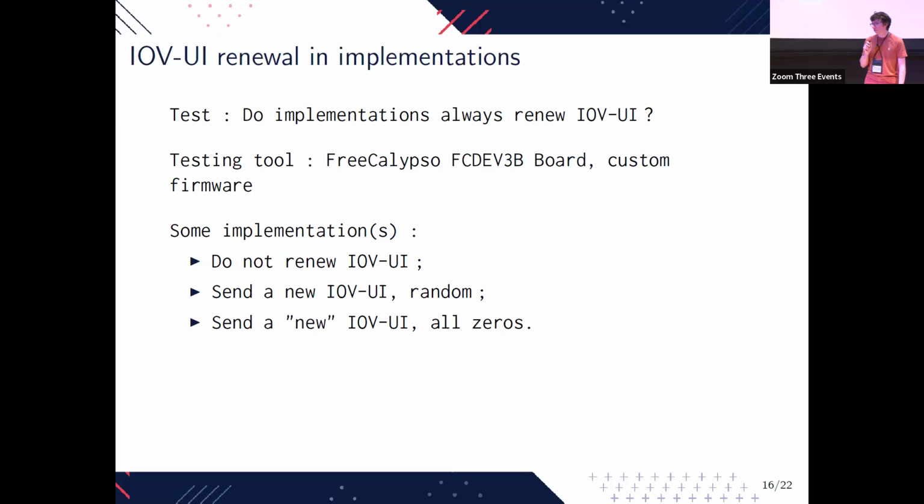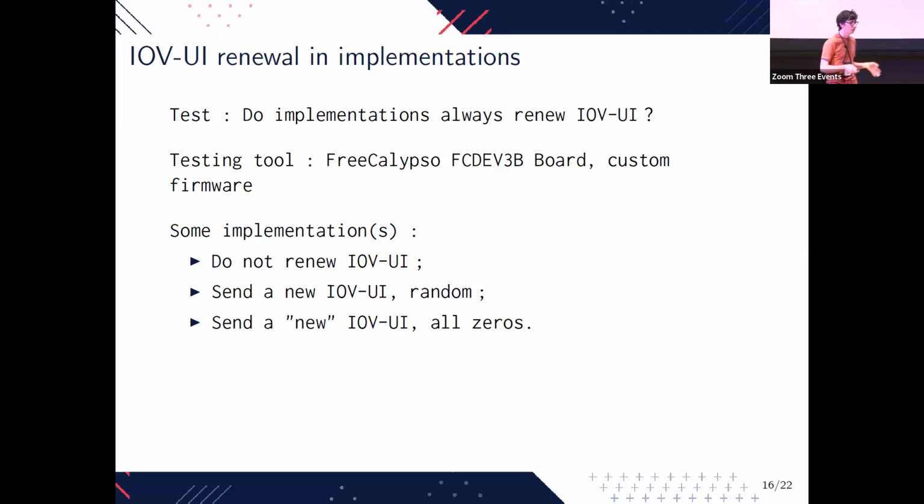And perhaps more importantly, about IOV-UI. We took a GPRS development board, FC-3B. We implemented a custom firmware for it, and we verified some SGSN implementations. We identified 3 behaviors. The first, IOV-UI is not renewed. Well, this implementation is vulnerable. Second behavior, IOV-UI is renewed to a random value.